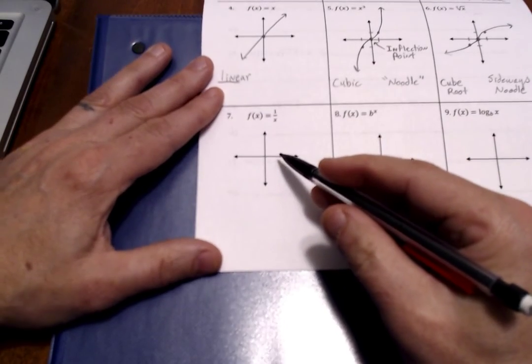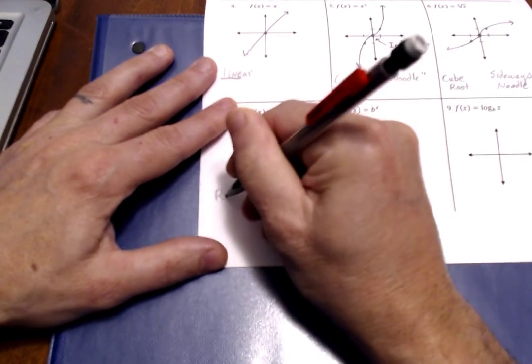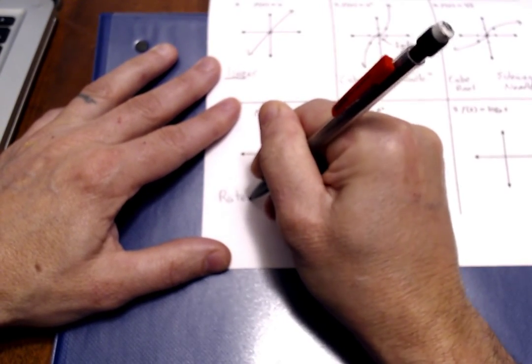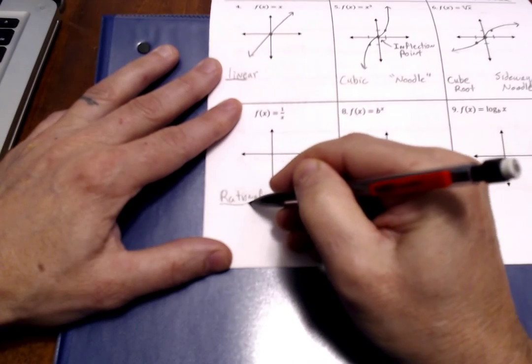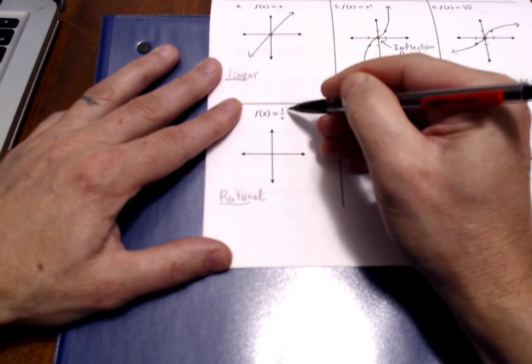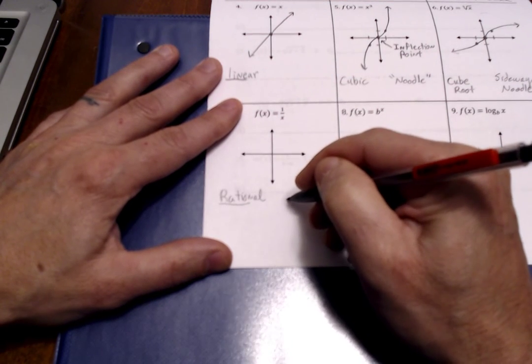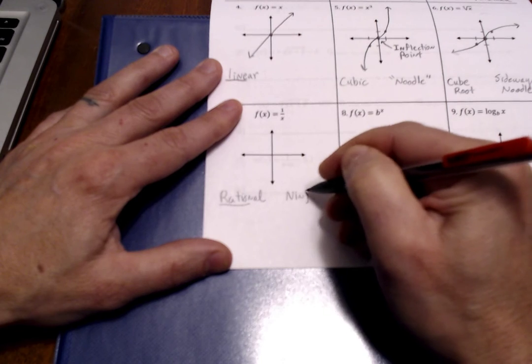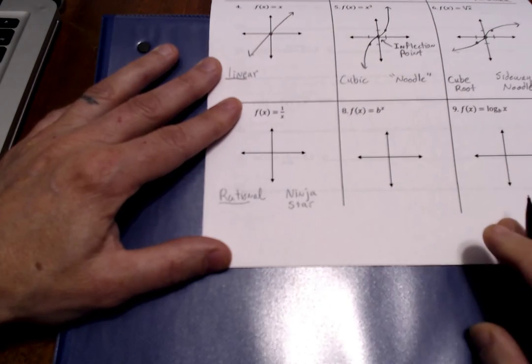Okay, 1 over x, this is known as a rational, because it's made of a ratio. Look, 1 over x, a fraction, also known as a ratio. We decided to call this thing a ninja star.